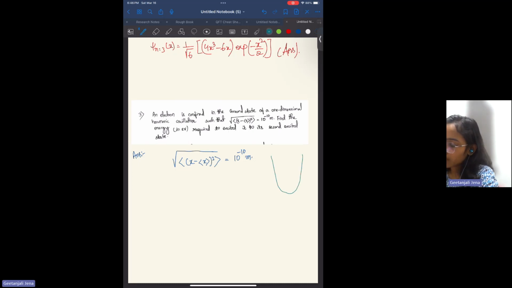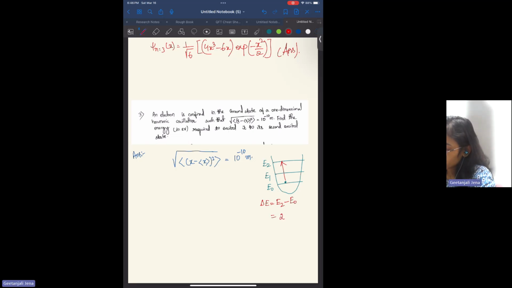So in a harmonic oscillator, if you represent the energy eigenlevels, this is the ground state, this is the first excited state, and this is the second excited state. The energy required to excite one electron from here to the second excited state will be the energy difference, delta equal to E2 minus E0.